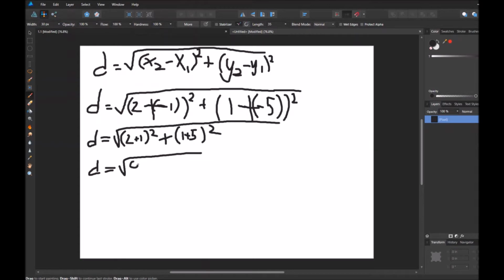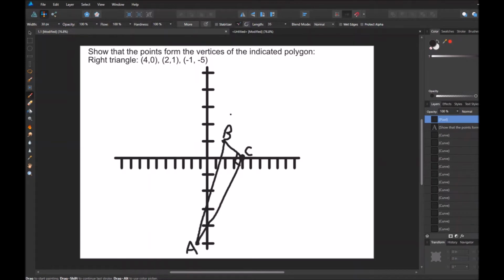And then 1 plus 5 is 6, and 6 squared is 36. And then 9 plus 36 is going to give us 45, all under the square root. And this root can be simplified, but for the purpose of this problem, we're just going to leave the distance as root 45 units.